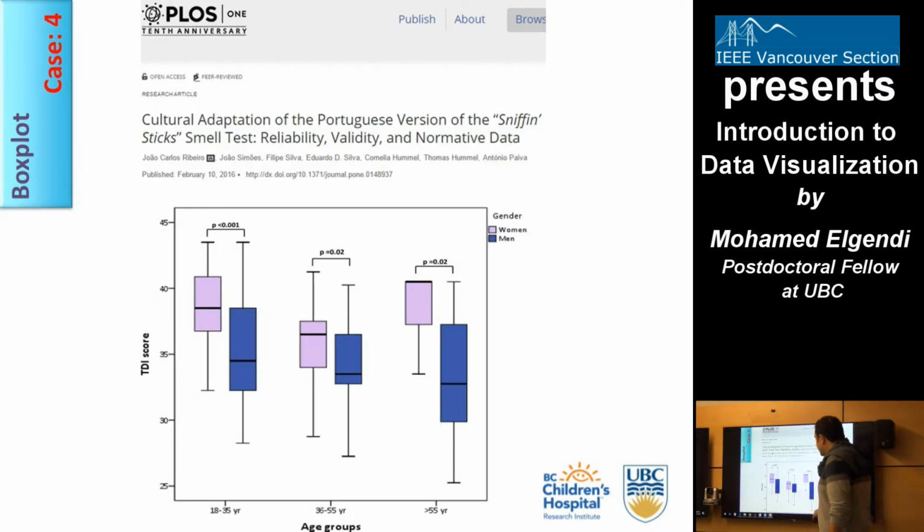This figure is nice, published 2016, and they put the p-values 0.02, 0.02, less than 0.001. We appreciate they put the values, but in the bottom right there, they didn't.